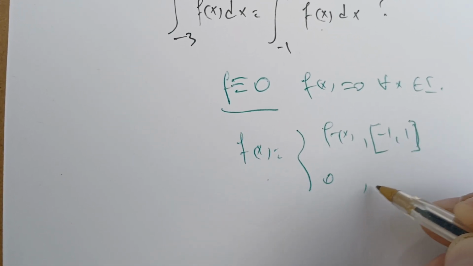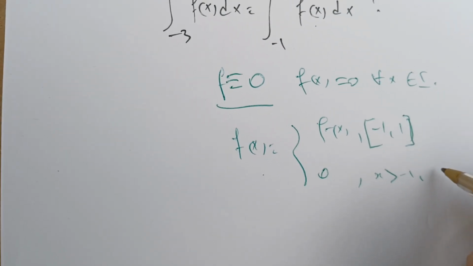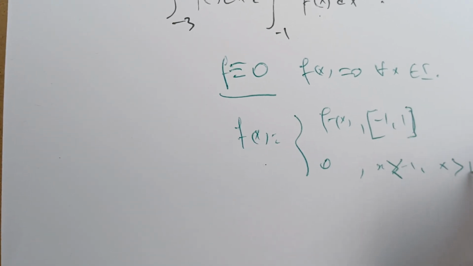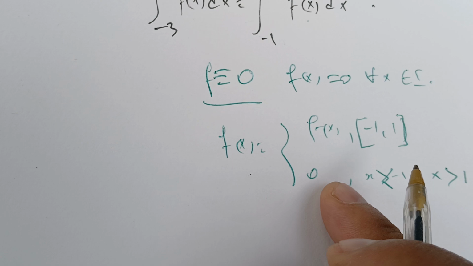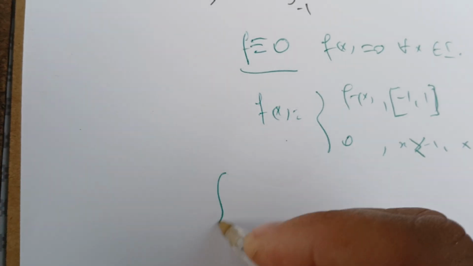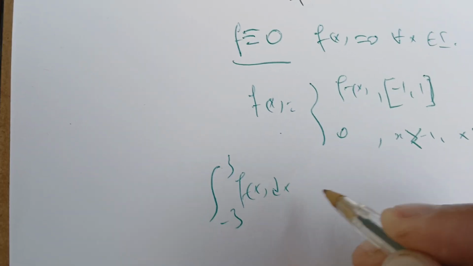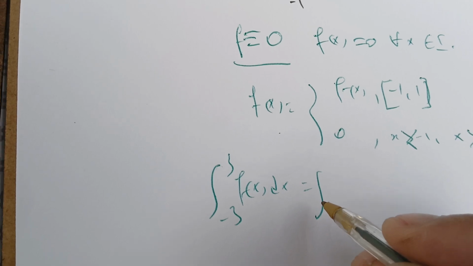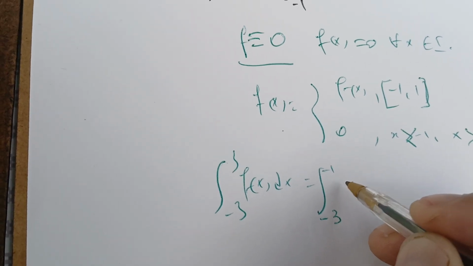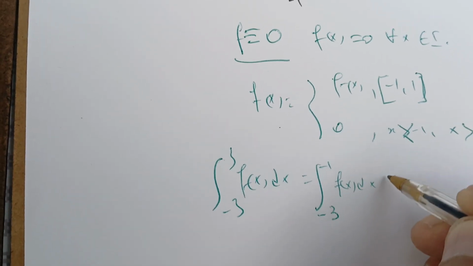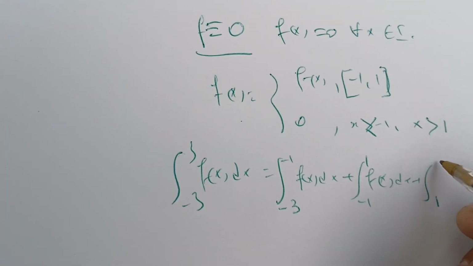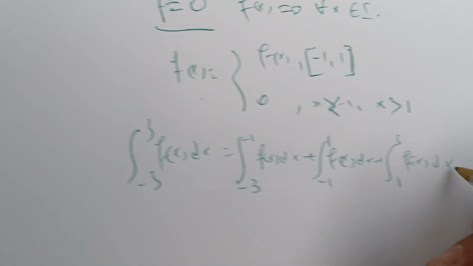So that means 0 when x is less than -1, or x is bigger than 1. In this case, when I integrate between -3 and 3 of f(x) dx, it is going to be the integral between -3 and -1 of f(x) dx, plus the integral between -1 and 1 of f(x) dx, plus the integral between 1 and 3 of f(x) dx.